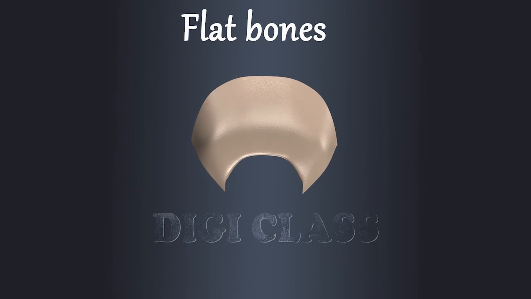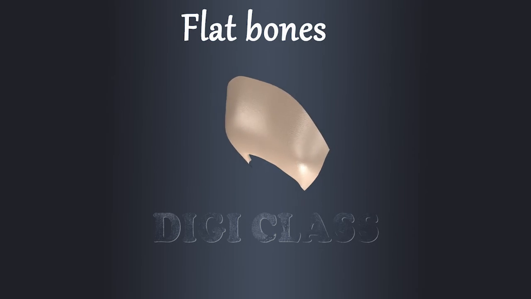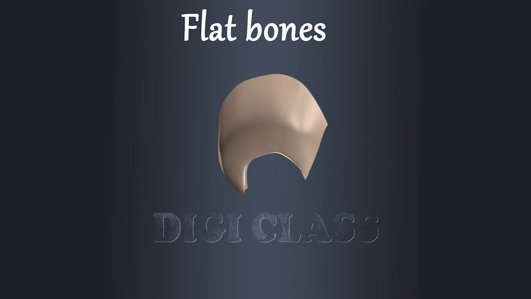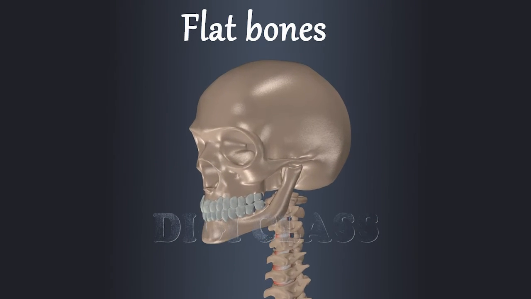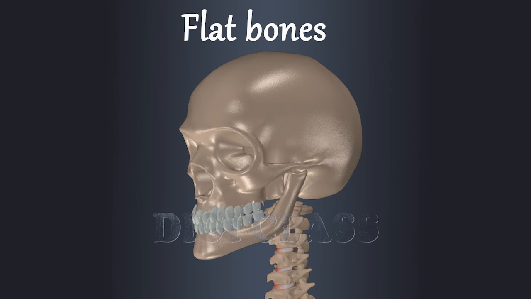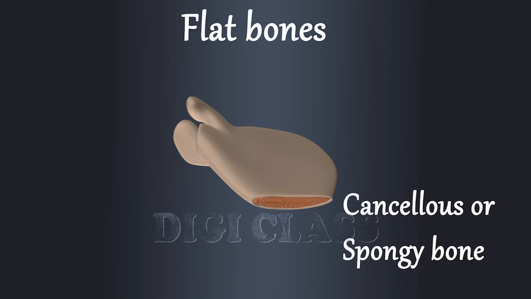Flat bones. Flat bones are thin, flattened and usually curved bones. Most of the bones of the cranium are flat bones. Flat bones consist of a layer of spongy bone, lined on either side by a layer of compact bone.